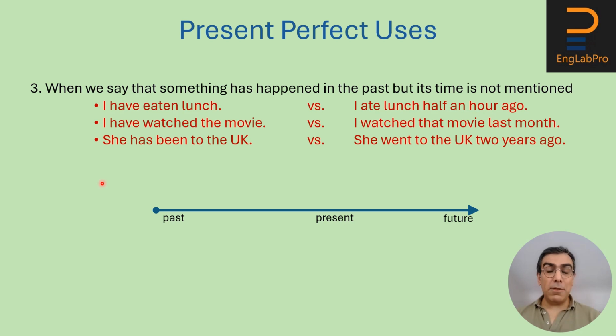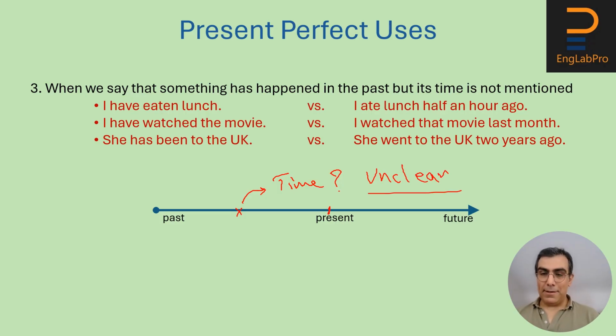The time is not mentioned. We don't know when. It means sometime in the past. So if you take a look at this timeline and here is present, the action has happened here, but the time is unclear. We don't say when this has happened.